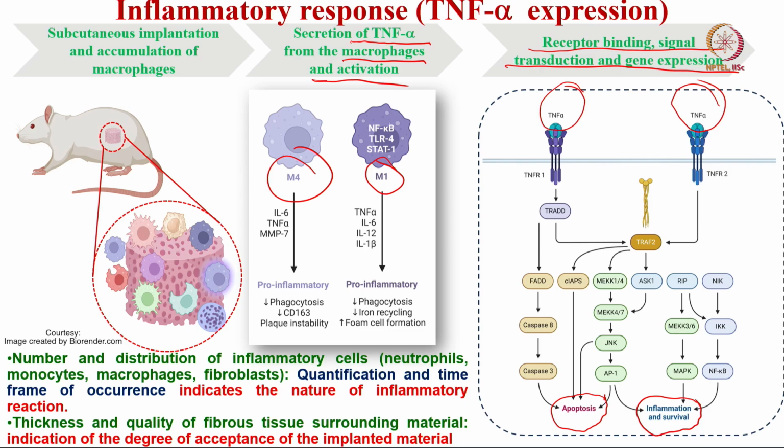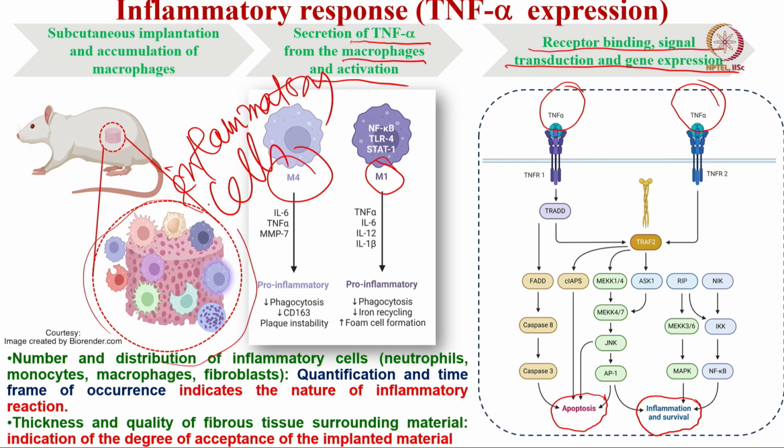So, what are the things that we are trying to understand? We are trying to see what the different types of inflammatory cells are, right. When these inflammatory cells attack or try to reside on the scaffold surfaces, we will see how the number and distribution of inflammatory cells like neutrophils, monocytes, macrophages and fibroblasts are distributed, and what the nature of the inflammatory reactions is.